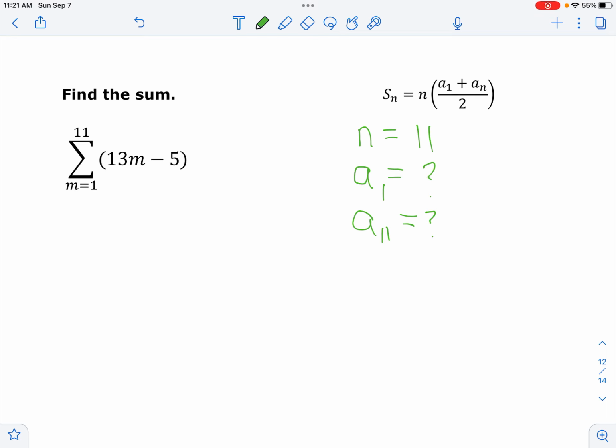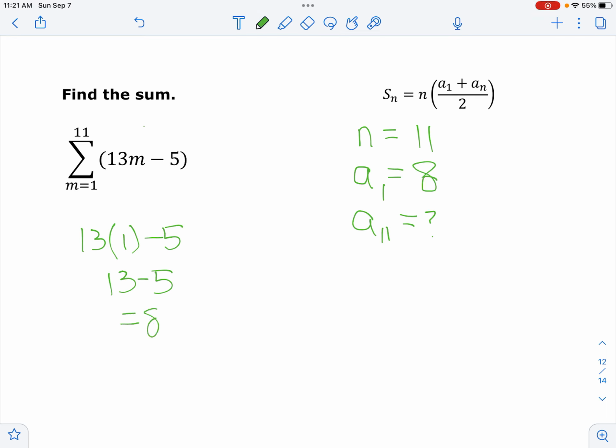And all I have to do is plug in 1 here and see what I get. And then the second time, I'm going to plug in 11 and see what I get. Okay, so let's put in 1. 13 times 1 minus 5. That's 13 minus 5. Okay, so a sub 1 is 8.